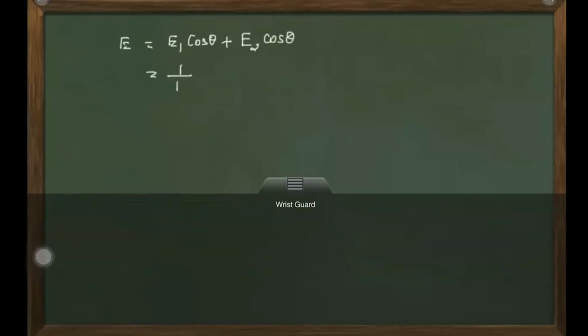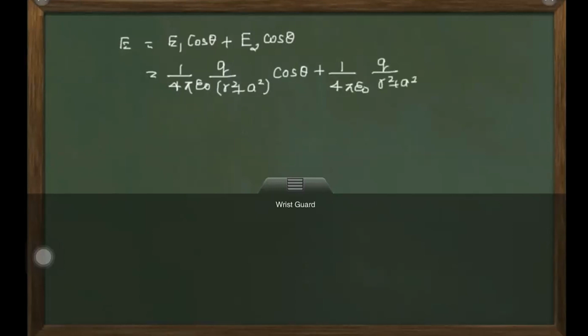It is 1 by 4 pi epsilon naught, and then Q divided by R square plus A square into cos theta, plus 1 by 4 pi epsilon naught Q divided by R square plus A square, again cos theta. So we can write it as 2 into 1 by 4 pi epsilon naught Q divided by R square plus A square cos theta.